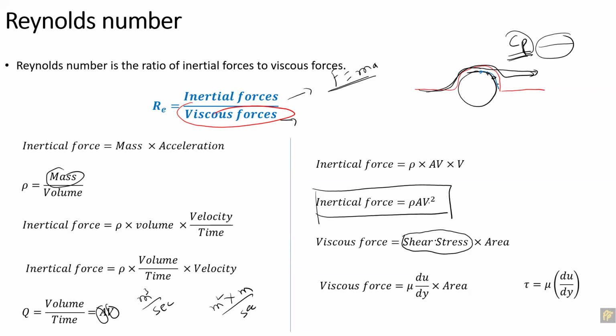So force is stress into area, and we know that the shear stress by Newton's law of viscosity is equal to mu du by dy at some location, and because the slope is negative, generally we put the minus sign here to make the quantity positive. But right now we don't need it, so we just go with whatever the sign is over here. So it's mu du by dy shear stress into area.